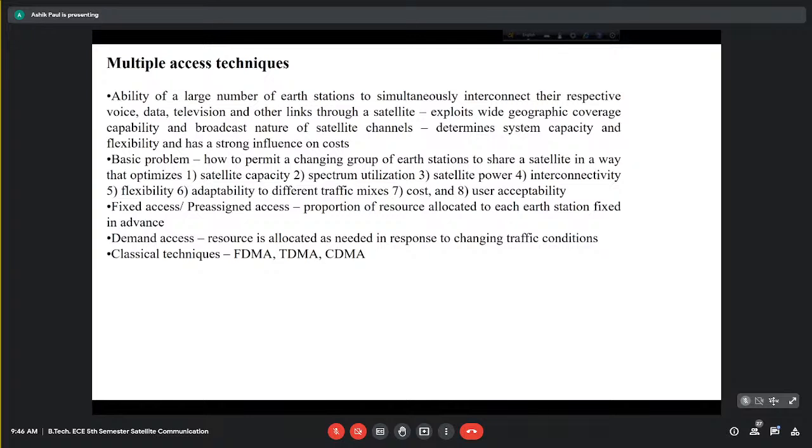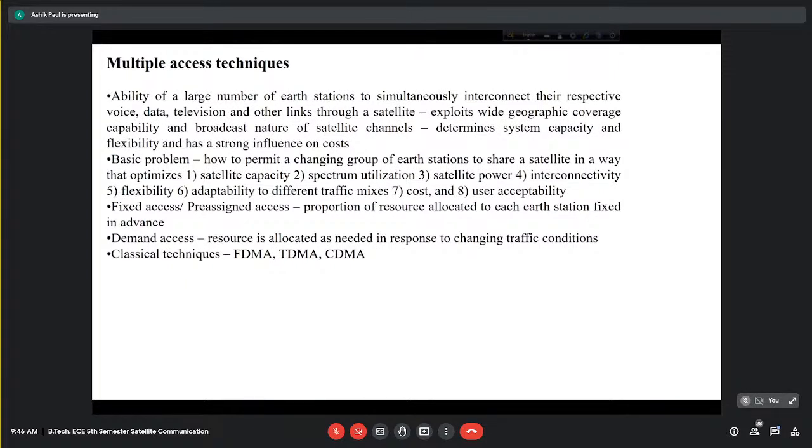But at the same time, there should be some kind of control on the authentication of the users who are accessing that particular transponder, because satellites or any kind of space asset is a sensitive infrastructure. It could be used for good purpose, it could be used for harmful purposes also.